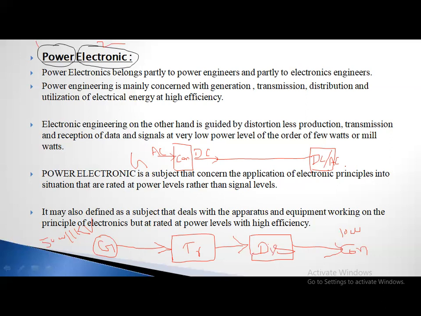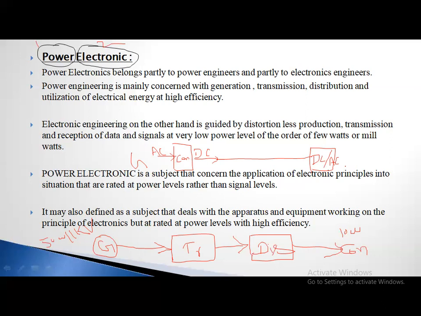So how do we develop a converter? By using power semiconductor devices, we make one circuit. Using that circuit, we convert from AC to DC, DC to AC, AC to AC, DC to DC, and so on.